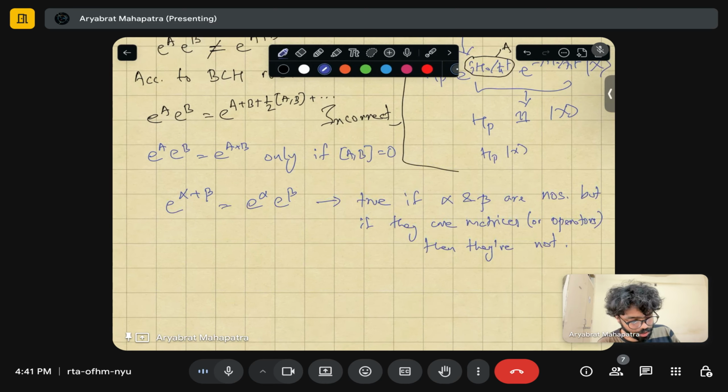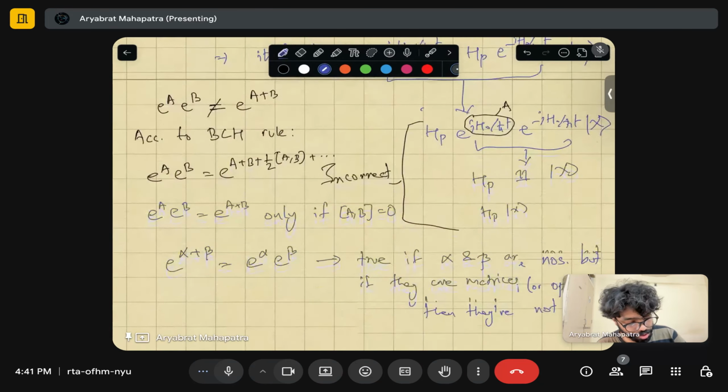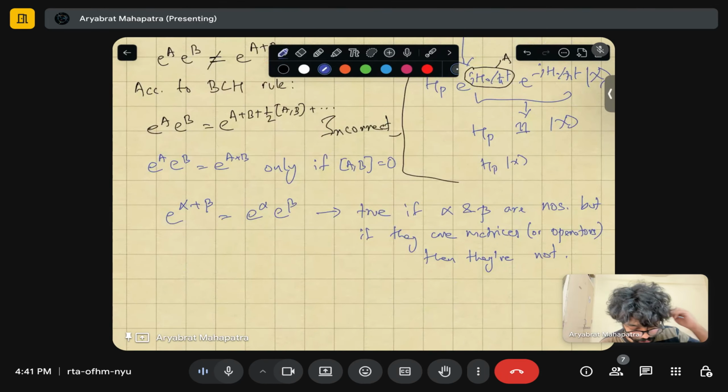So this is a small piece of information you should note. This is what is called the BCS rule. You can check this now.